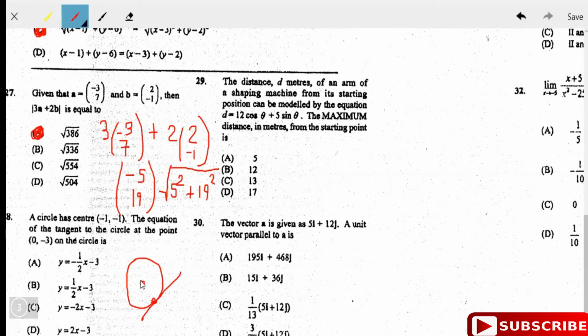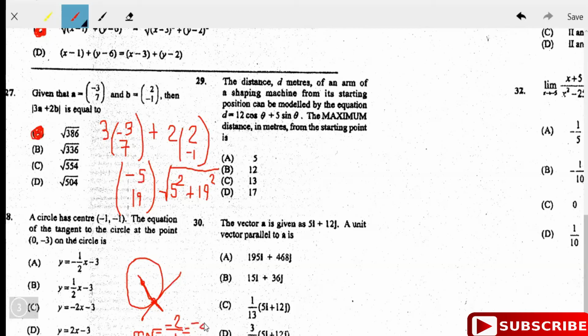But to find the equation of the tangent, we first need the gradient of the tangent. But we can find the gradient of the normal, because we know the normal passes through the center and the point of tangency. And so the gradient of the normal is y2 minus y1, which is negative 2, over x2 minus x1, minus 2 over 1, which is minus 2.